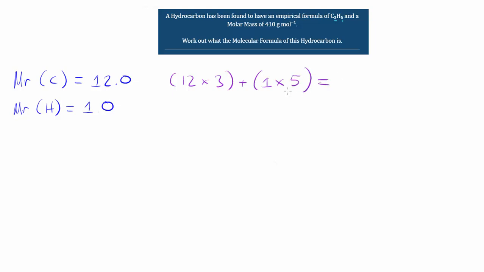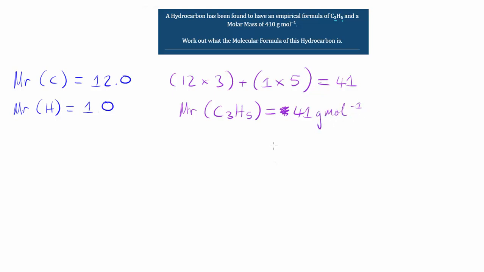So feel free to have a go and see what you get when you calculate that. And what you should get is 41. What this effectively tells us is that the molar mass of our empirical formula is equal to 41 grams per mole.